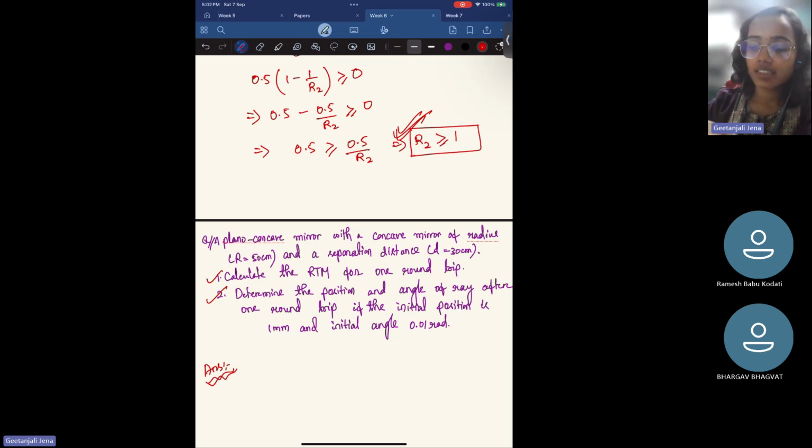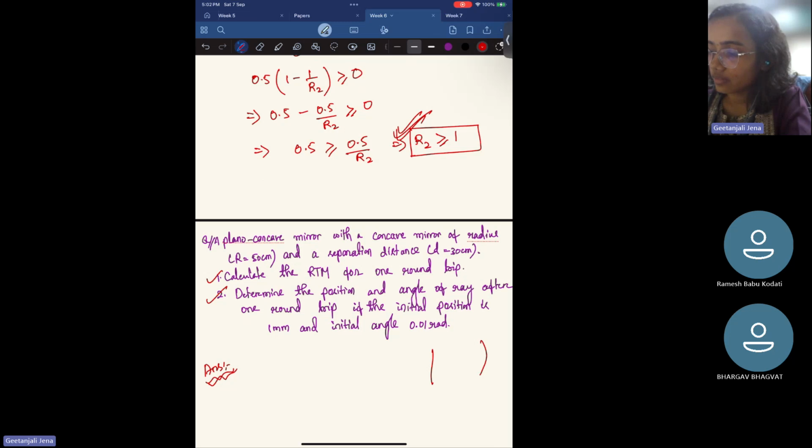The question says a plano concave mirror, this is the first one, with a concave mirror of radius of curvature r equal to 50. So this means r is minus 50 centimeter, and a separation distance d. So here d means L for our case. So L is 30 centimeter. So this separation is 30 centimeter.